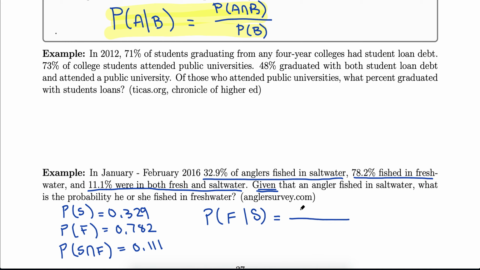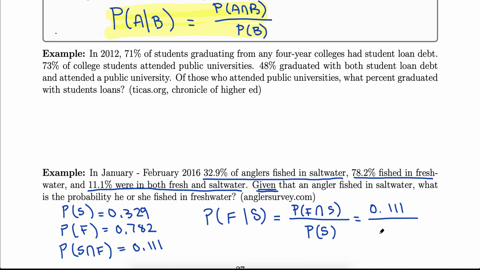So our formula tells us to do the probability of both of these things, fresh and salt, and we're going to divide by the given information. We're given salt, so the denominator needs to be salt. We know all this information nice and tidy over here, so let's just plug that in. The both part was the 11.1%.